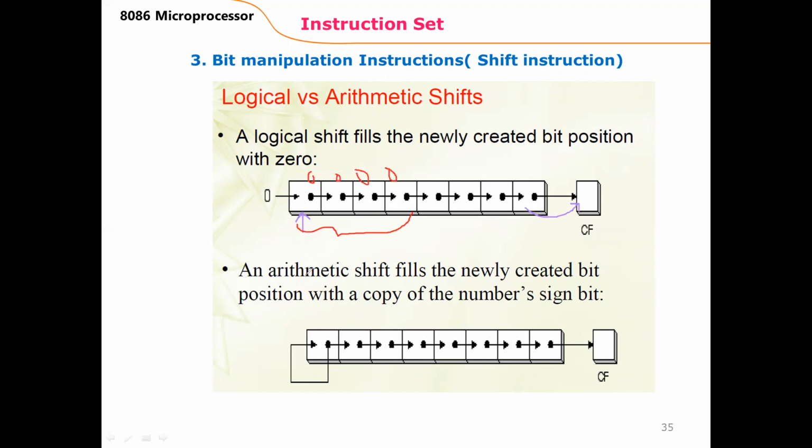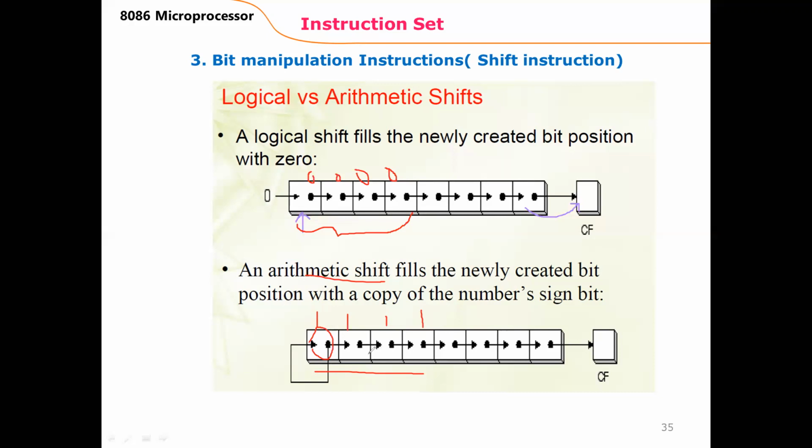While in the case of arithmetic shift, if we are shifting it 1 bit only, then this blank bit will be replaced by the sign bit. The sign bit can be a 1 or 0 of the source. If it was 1, then this will be replaced by 1. If it was 0, then it will be replaced by 0. For example, if we arithmetic shift the number 4 times, then these 4 bits will be 1 if the D7 bit of the source was 1.